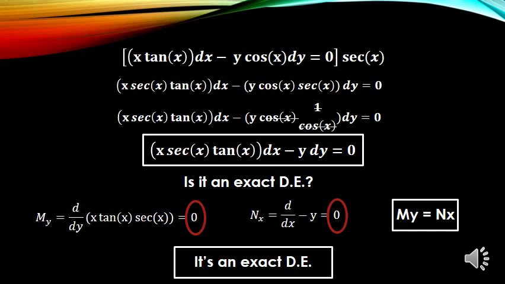Our new equation is x sec(x) tan(x) dx - y dy = 0. We use the form ∂M/∂y = ∂N/∂x again to check if our equation was exact. Now both derivatives are the same, so it's an exact differential equation, and we proceeded to solve it.